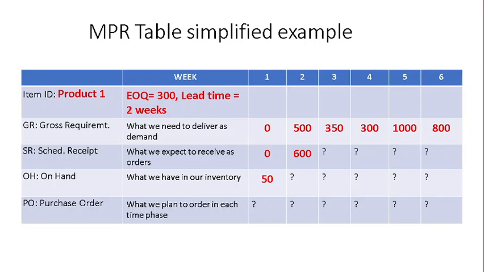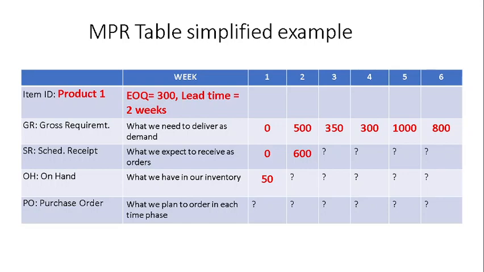order from our suppliers. As you can see here, we are expecting in week 2 to receive 600 items, 600 units, because we have already placed that order 2 weeks ago. And on hand, we can see that we have 50 units at week 1.